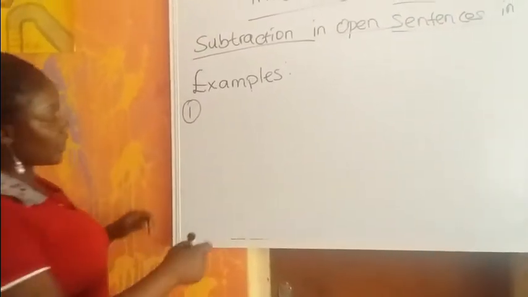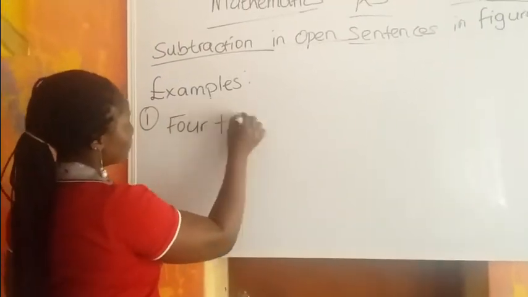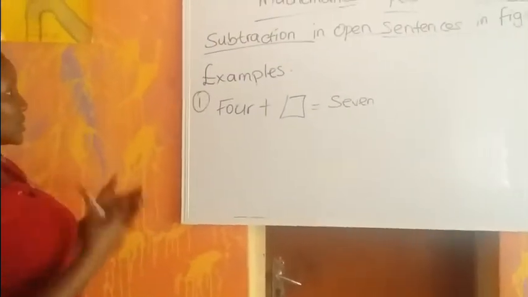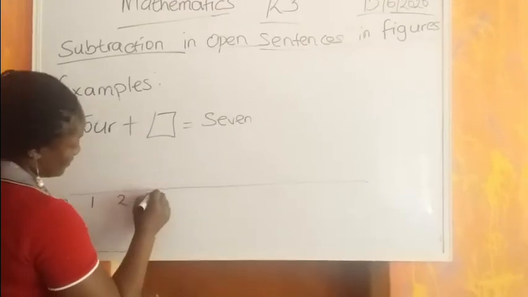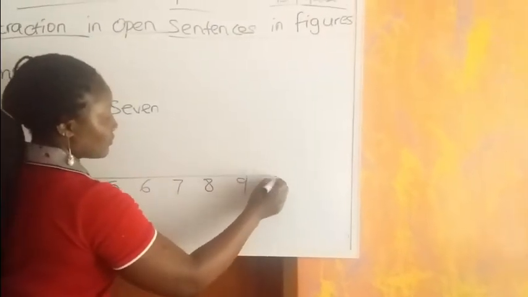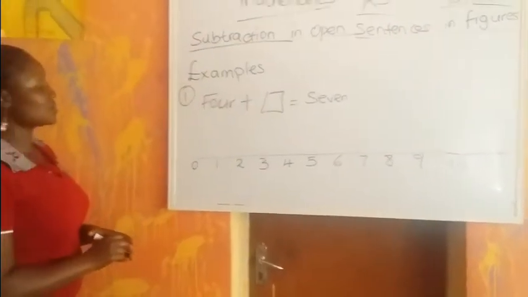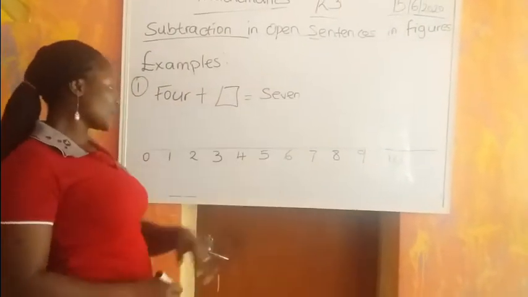For example, we have 4. So what number will you add to 4 to give you 7?